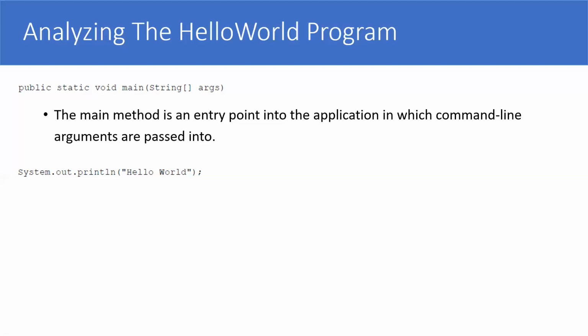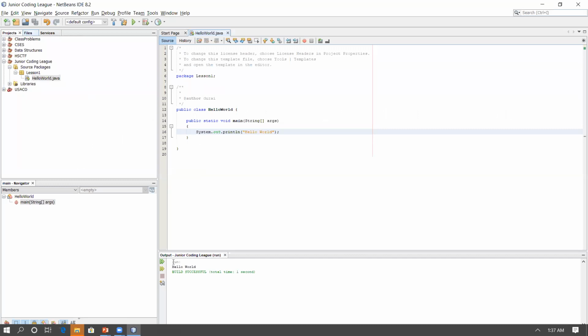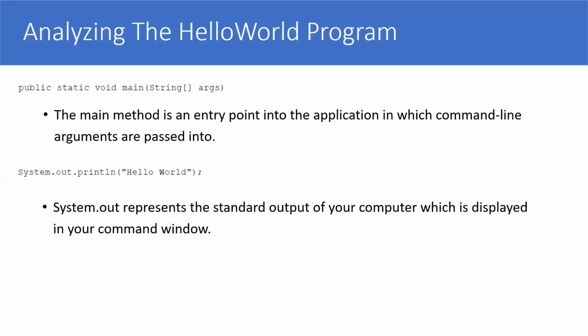System.out.println("Hello World"). System.out is a stream that lets you print something out to your computer, and you'll find it in the console, or command window.